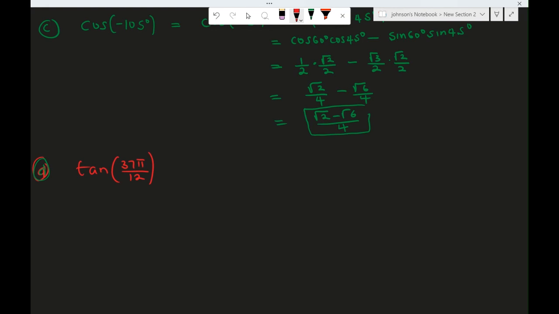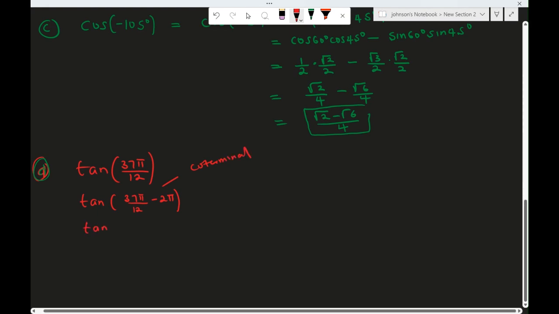So if you look at 37 pi over 12, you see that the angle here is already bigger than 2 pi. So the best thing is to go for coterminal first. How do you go for coterminal? This will just be the same thing as tan of 37 pi by 12. We can remove 2 pi first, right? This is nothing but coterminal.